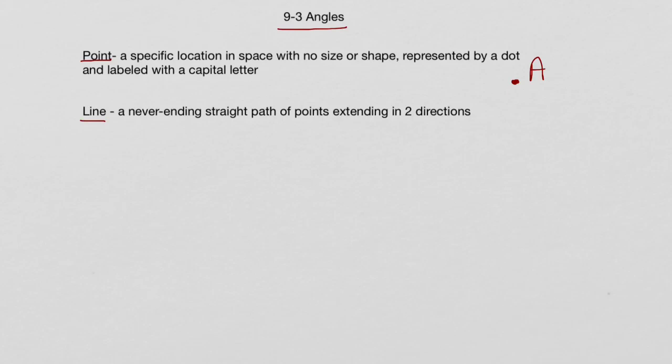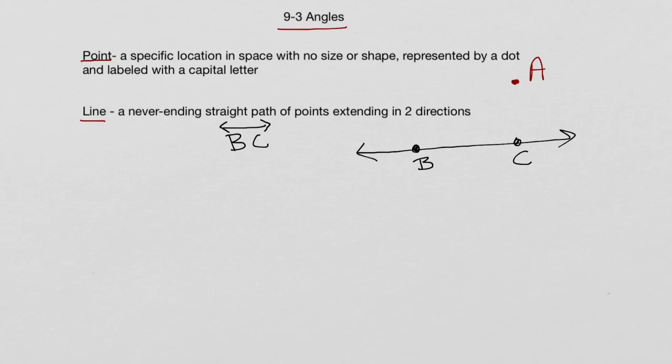The next building block is called a line. A line, you've probably seen this before, is a never-ending straight path of points extending in two directions. So I might draw a line like this. And I can label a line in several ways. If I plot 2 points on that line, like B and C, then I can call that line BC, and I label it with a symbol above it that looks like a line with 2 arrows on either end.